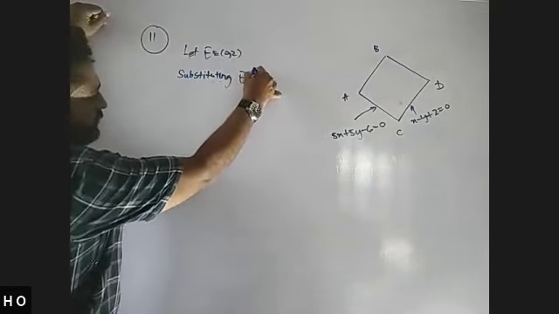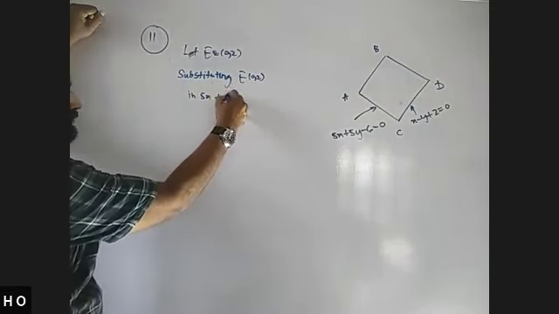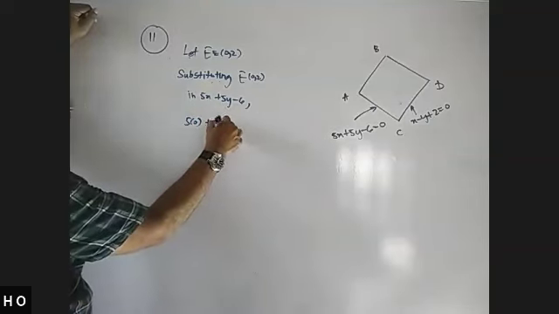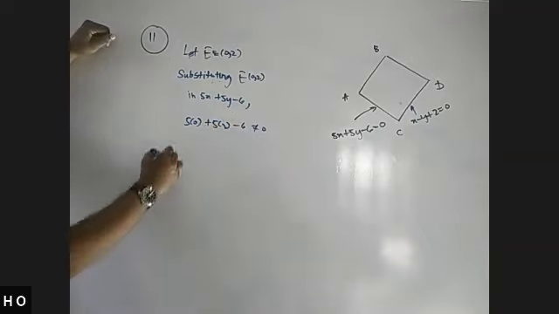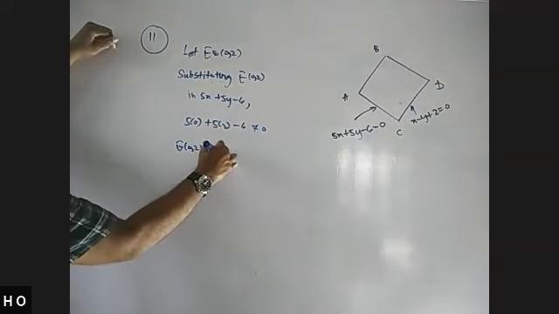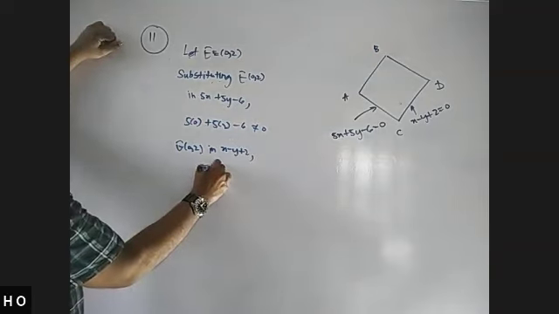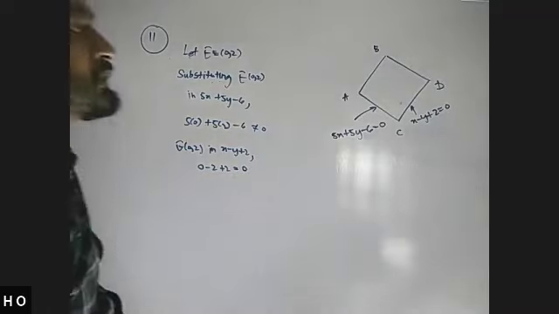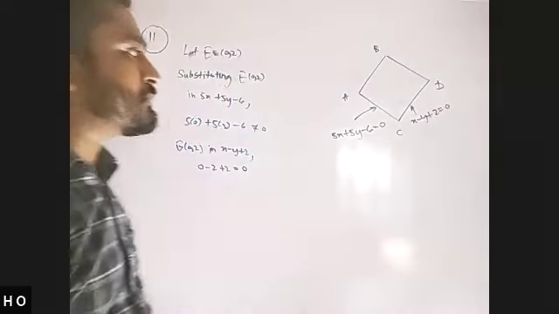Substituting E in 5x + 5y - 6: 5 into 0 plus 5 into 2 minus 6 is not 0, so it doesn't satisfy. In x - y + 2: 0 - 2 + 2 is 0. So obviously it satisfies x - y + 2 = 0. So the vertex can be C or D.